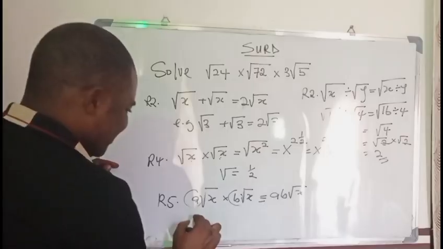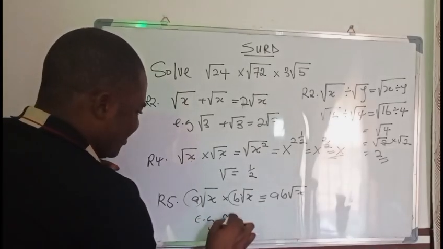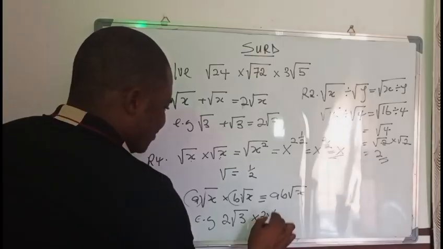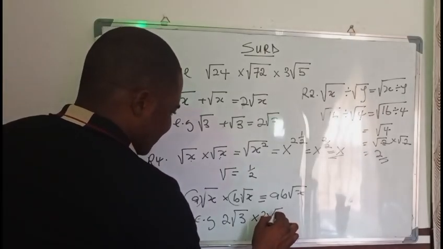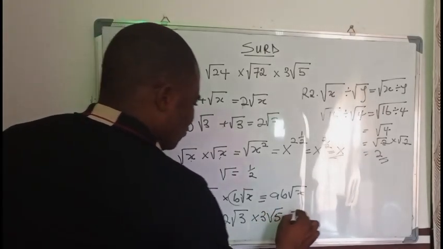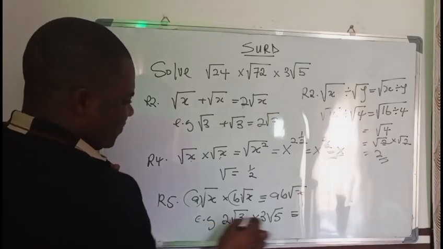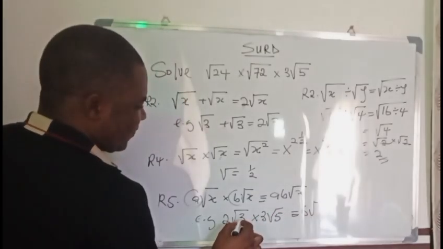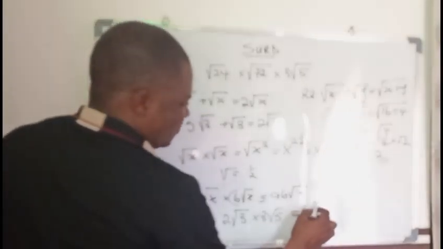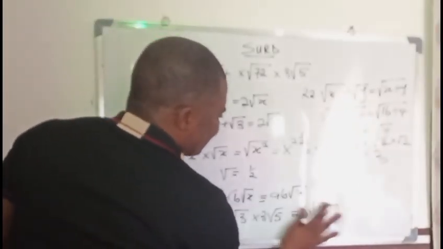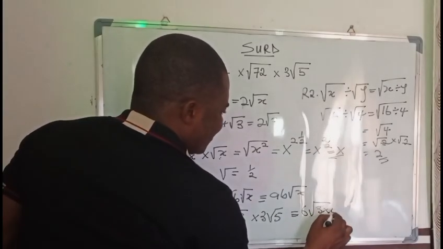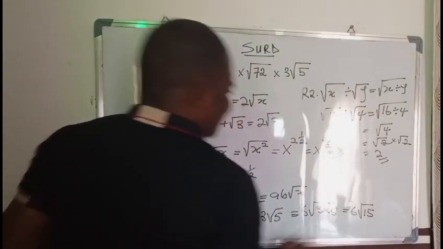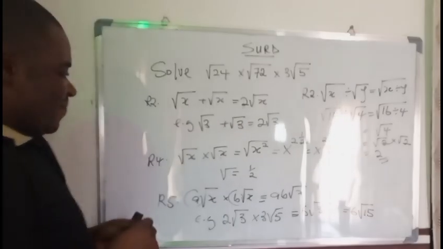Okay, that means should you have 2 surd 3 multiplied by 3 surd 5, it means that 2 will multiply by 3 to give you 6 to the surd of what? 3 times 5, which is what? 15. That is the surd of 3 times 5, which means we can have 6 to the surd of 15. That is what it means.